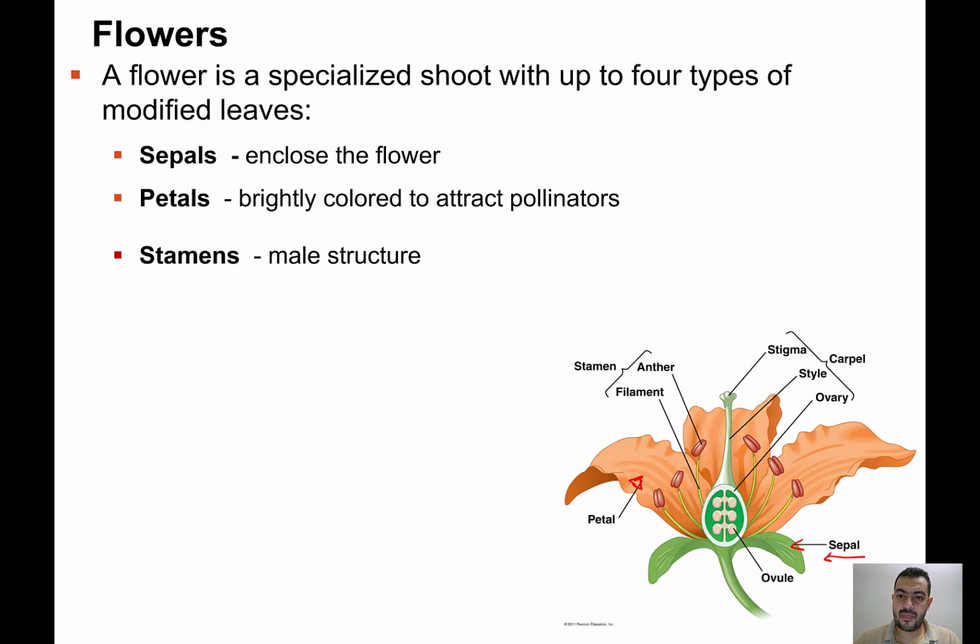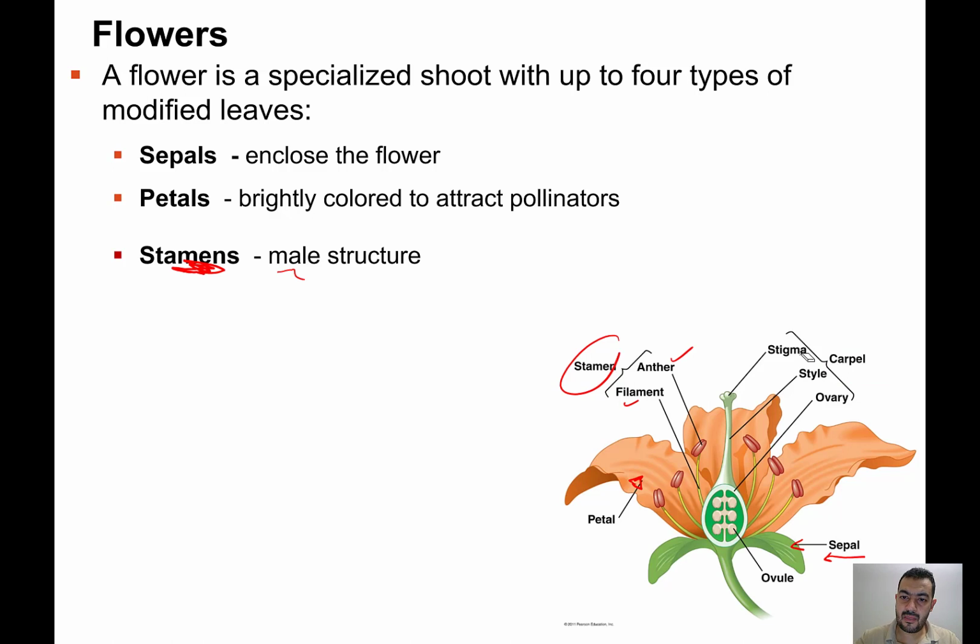Then we have the male structures and the female structures. The male structures, we call them stamens. One way to remember that is that stamen ends with the part men. So that reminds you that this is the male structure. The stamen is composed of 2 parts, the anther and the filament.